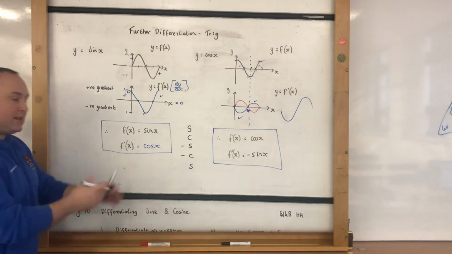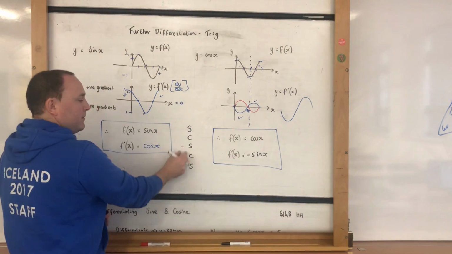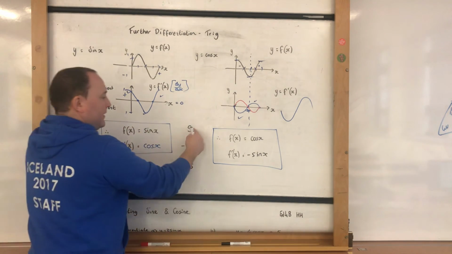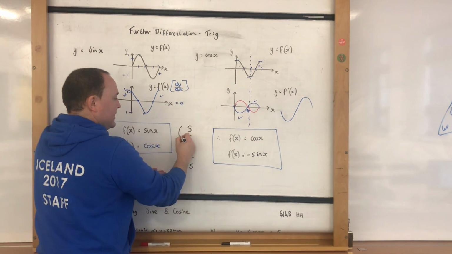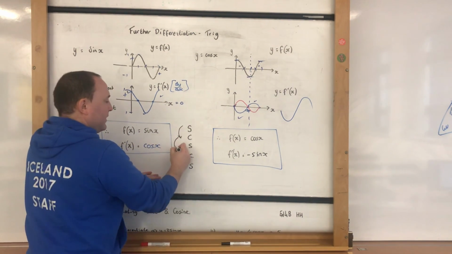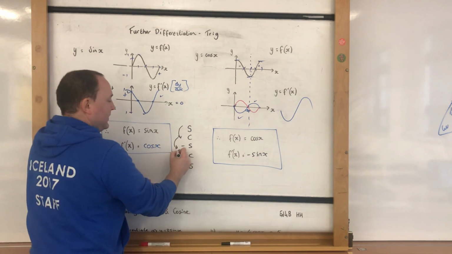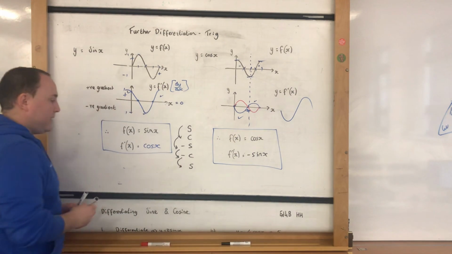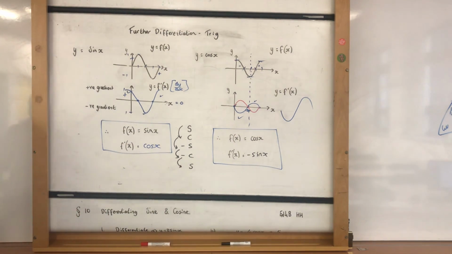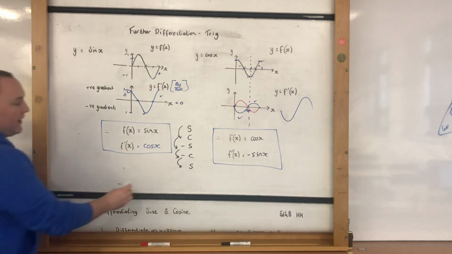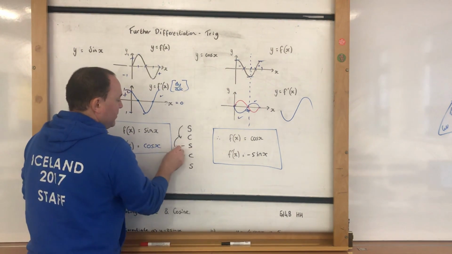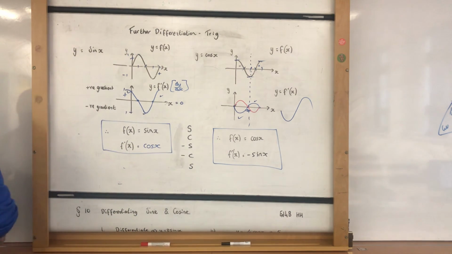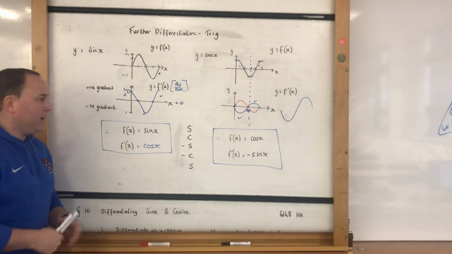So I'll say this, sine, cosine, negatives, just to help you remember. But you're given these ones. So sine differentiates to cosine, cosine differentiates to minus sine, minus sine differentiates to minus cosine, and minus cosine differentiates to positive sine. Then that's you back to the beginning. So it's cyclical. I'll do another video for the examples, alright?